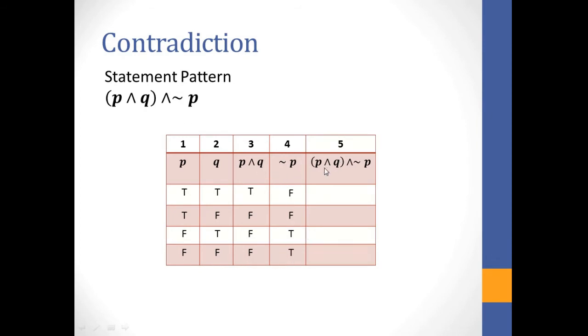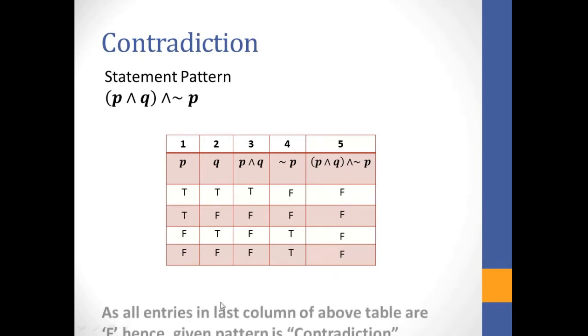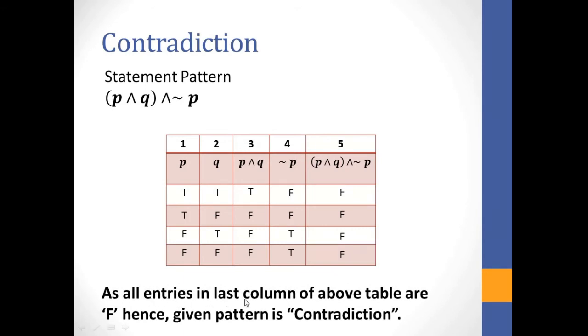Now the last column, (P and Q) and negation P. T and F is F, again F and F is also F, then F and T is also F, and F and T is also F. If you observe this table, in the last column all the entries are F. So as all entries in the last column of the above table are F, hence the given pattern is a contradiction.